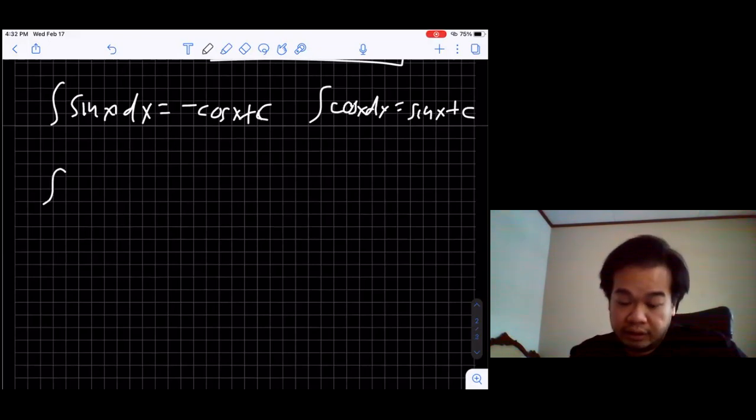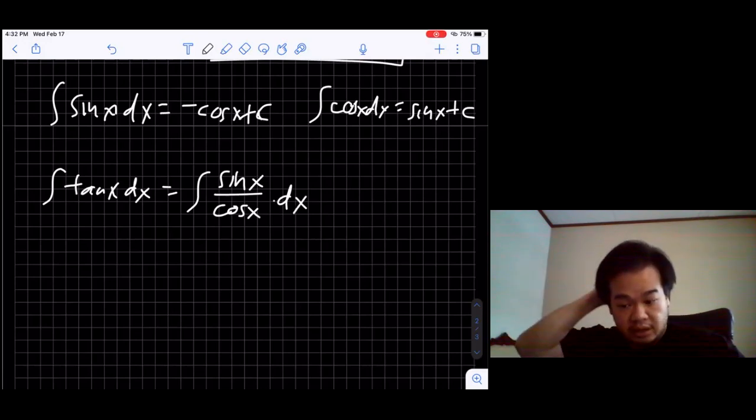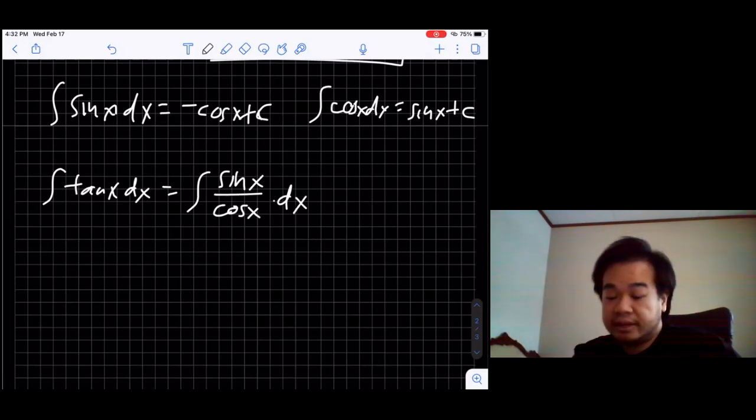So the integral of tangent x dx. Basically tangent is sine x over cosine x dx. Now actually realize that the derivative of sine x is cos x and the derivative of cos x is negative sine x.